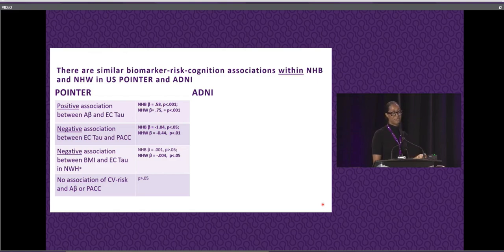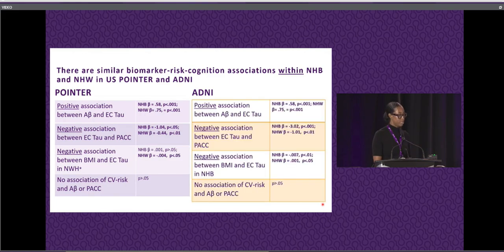Interestingly, we see a negative association between BMI and entorhinal tau in the white participants, and we see no associations of CV risk with amyloid or CV risk with PAC. And in the ADNI study, we see very similar patterns of association. Now, however, this time we see that significant negative association between BMI and entorhinal tau in the Black participants.